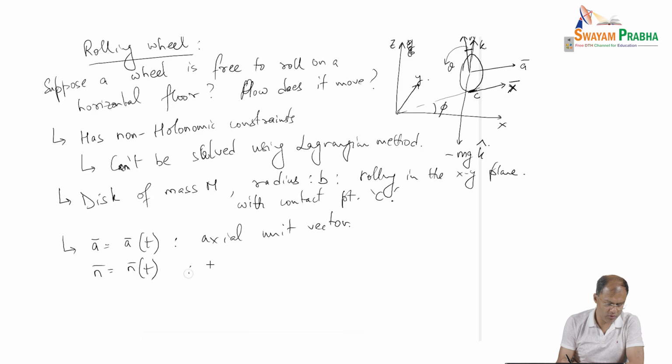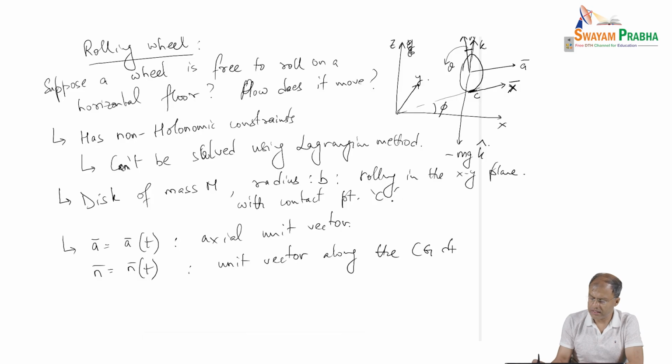So n of t is the unit vector perpendicular to A, along the CG direction. G being the center of mass, the geometric center. So n is the unit vector along the CG direction.